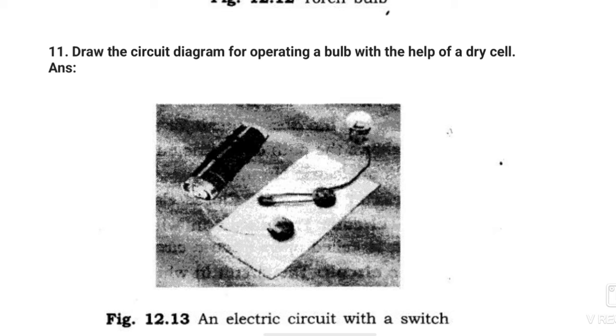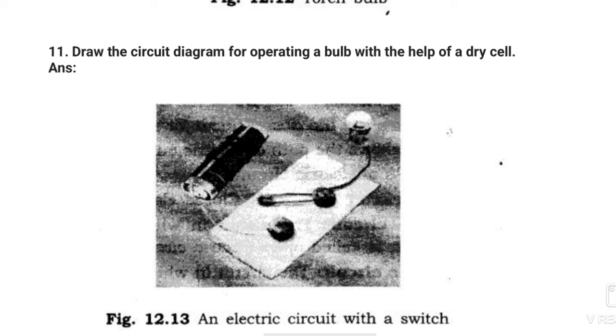So students, you remember that in the chapter we already did this activity with one cell, one safety pin, a bulb, and wires. Here you can see this diagram. Try to understand it, and also try to draw the diagram of this circuit.